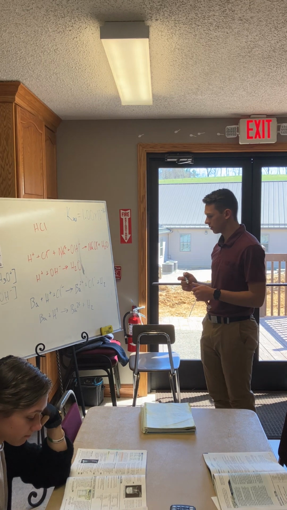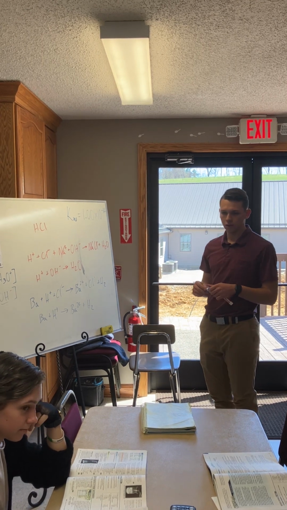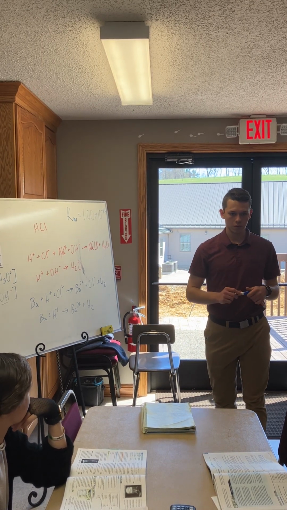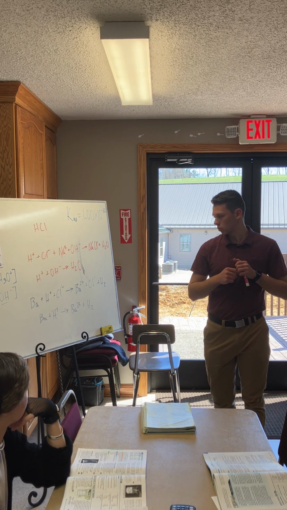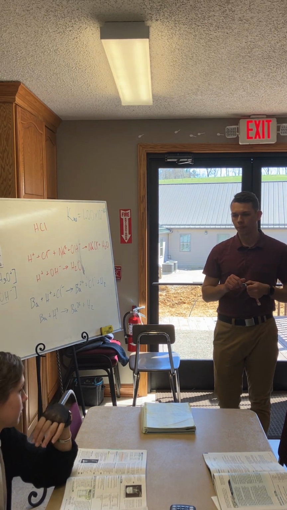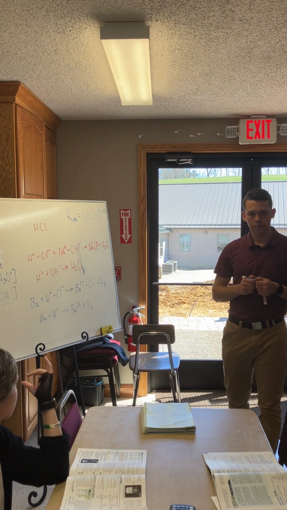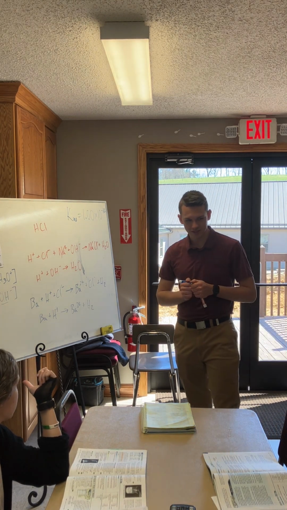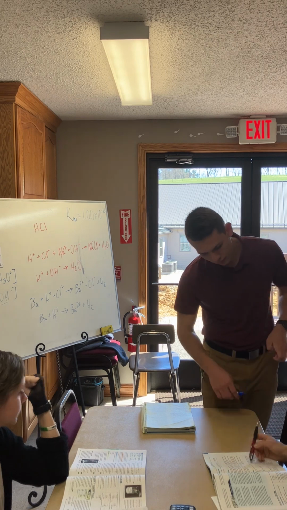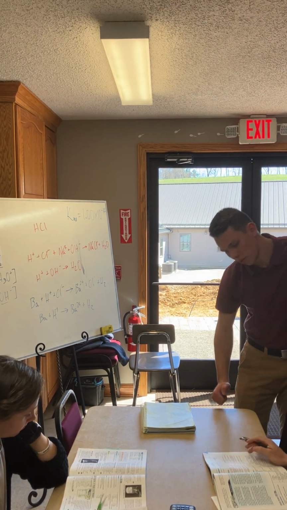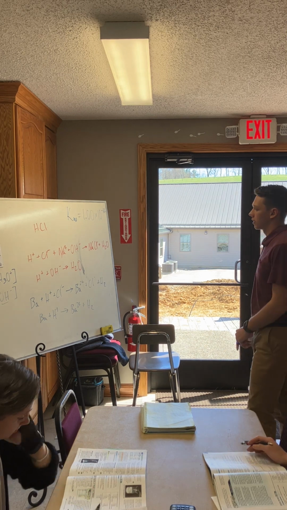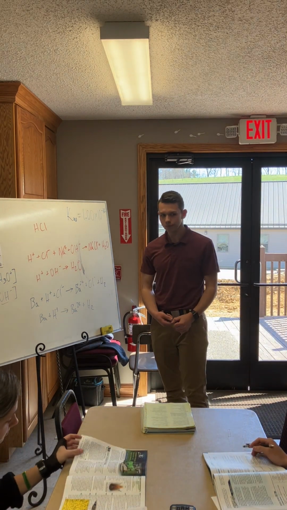Is it balanced? No. What do we need to do? You just put a 2. I have a question. So this is 2HCl. Does that do anything to the HCl? I'm gonna balance it for you. I already put that there.